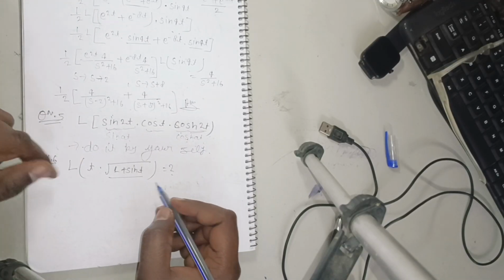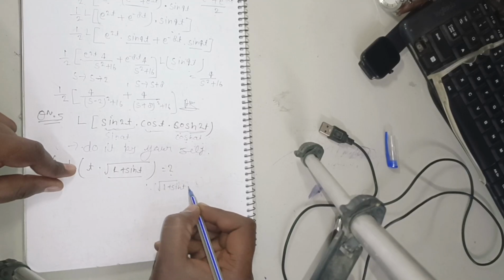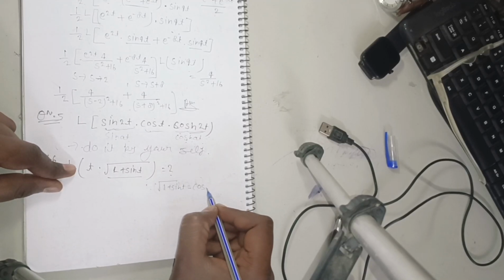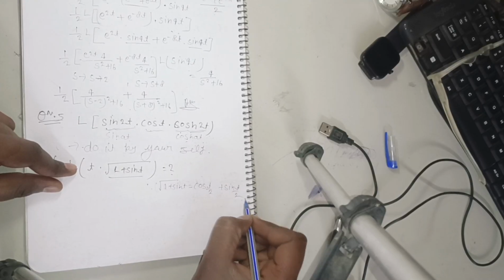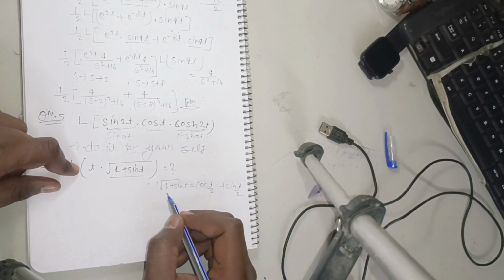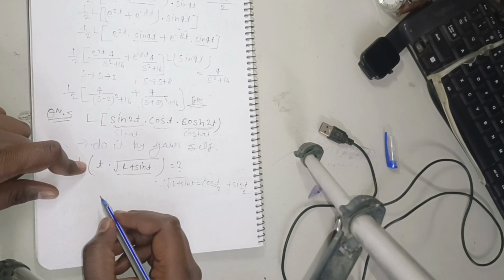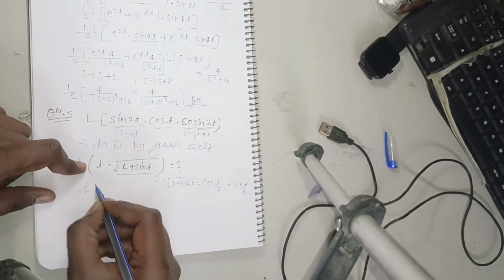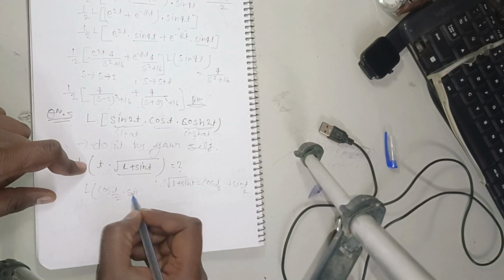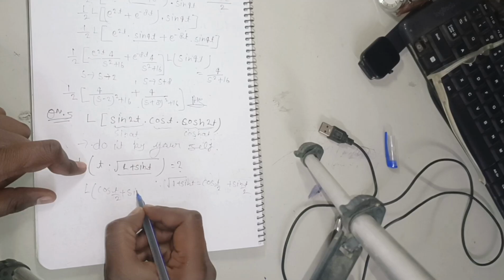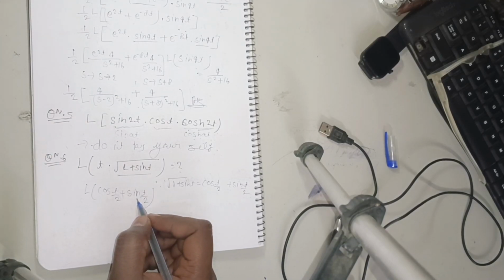We will use the formula that 1 plus sine t is equal to cos t by 2 plus sine t by 2. So Laplace of cos t by 2 plus sine t by 2, you can write, right?